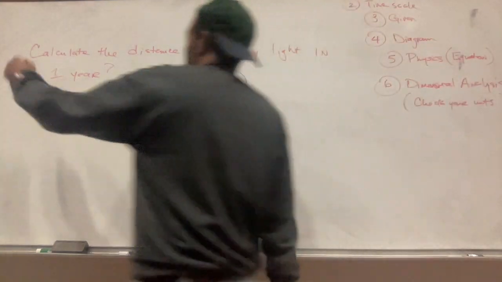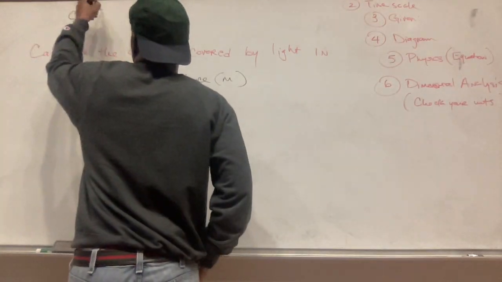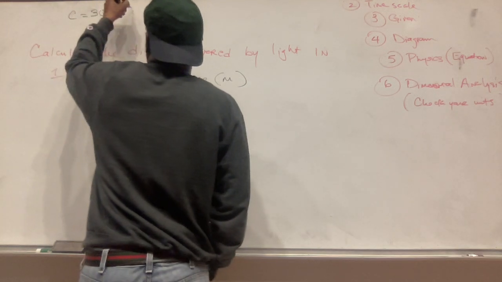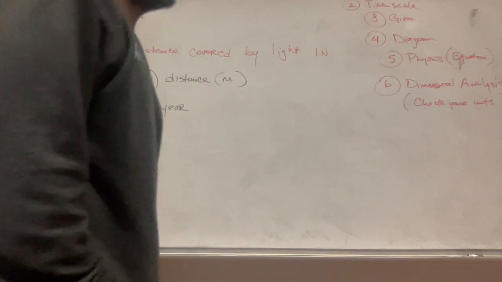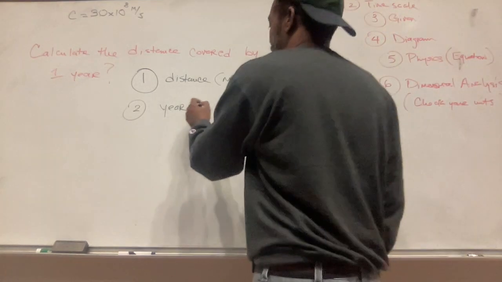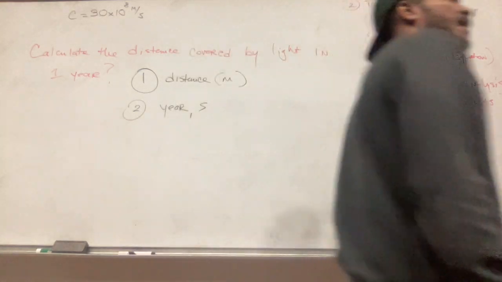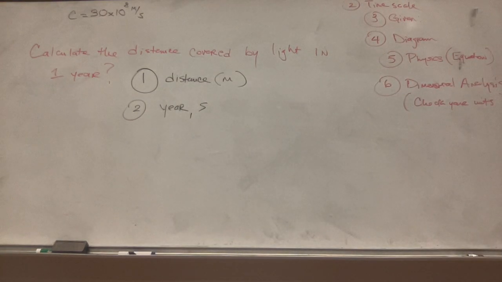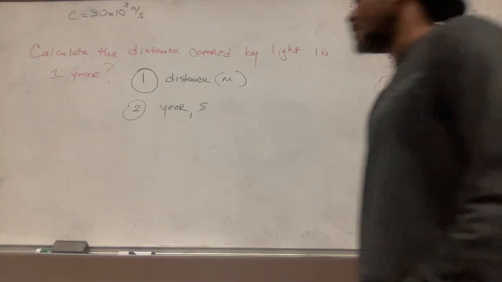So we must know that the speed of light is 3.0 times 10 to the 8 meters per second. So then that means we have another time scale. And that's what? Seconds. Yes. That's important. You got to keep in mind that we have two different time scales here. If we have two different time scales, then what does that mean? We can do a conversion. That means we're going to have to do some type of conversion in time. Yes, indeed.